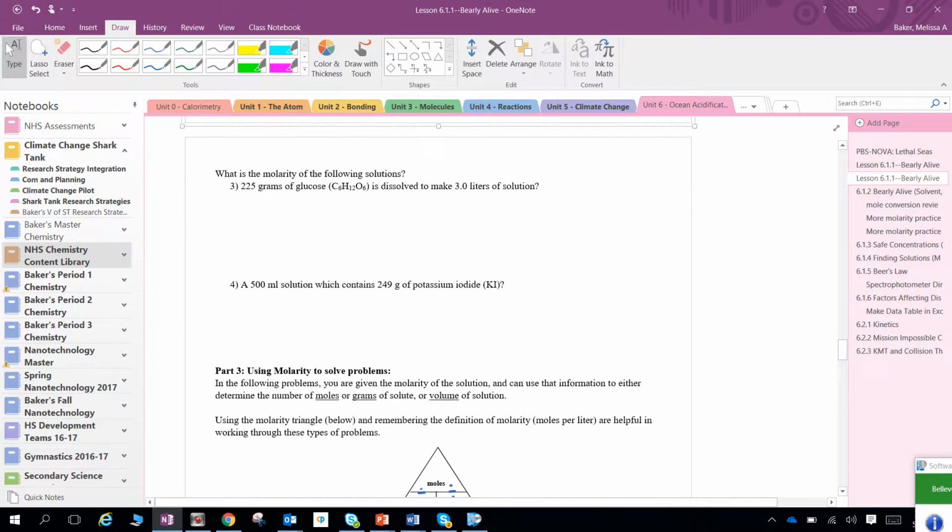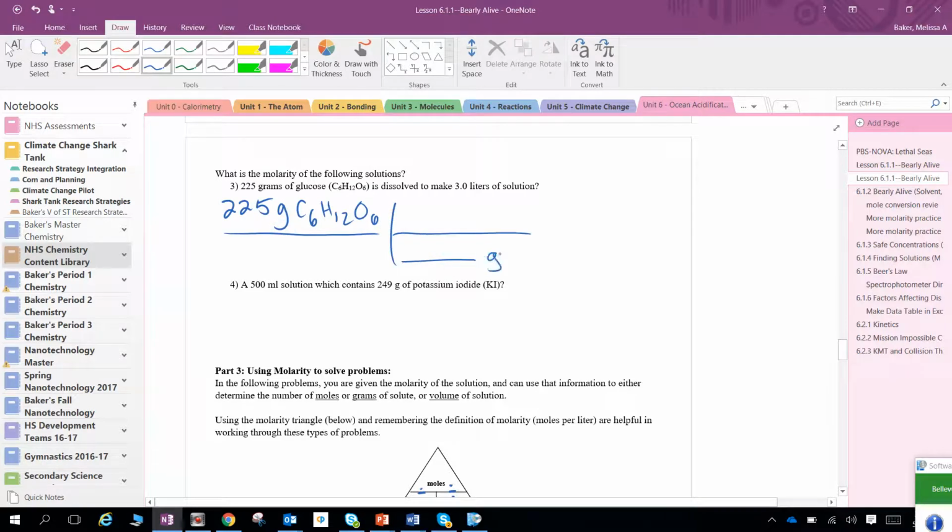So let's do this. What if you've got 225 grams of sugar, C6H12O6? Always start by writing what you know. I want to figure out how many grams, using the periodic table, 1 mole of C6H12O6 would weigh.